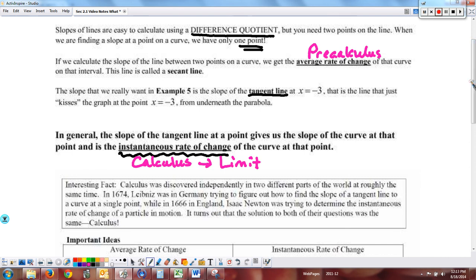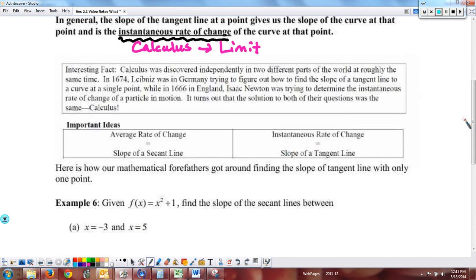Okay? And then just a little history while we're here, calculus was really discovered independently by 2 different people. And we're going to come back to this because there's a whole drama. It's like a soap opera between Leibniz and Newton. 1674, Leibniz was in Germany, and he was trying to find the slope of the tangent line, kind of what we're doing here, kind of a classic problem.